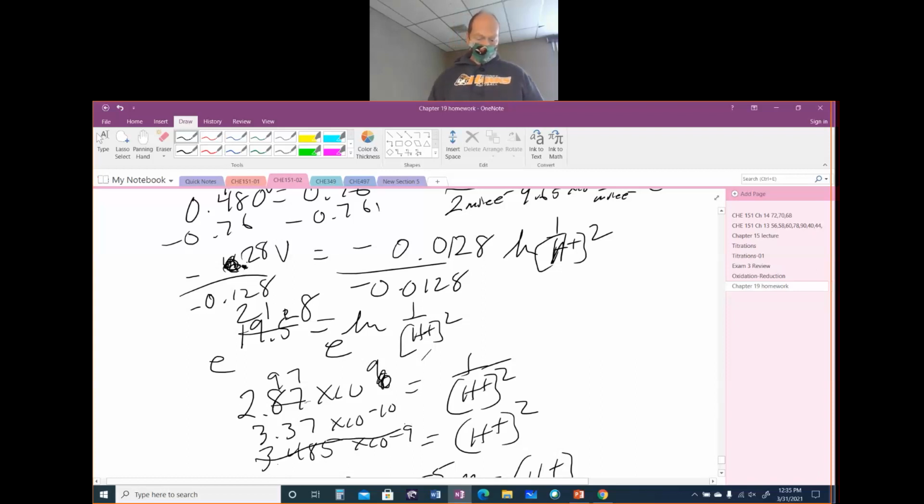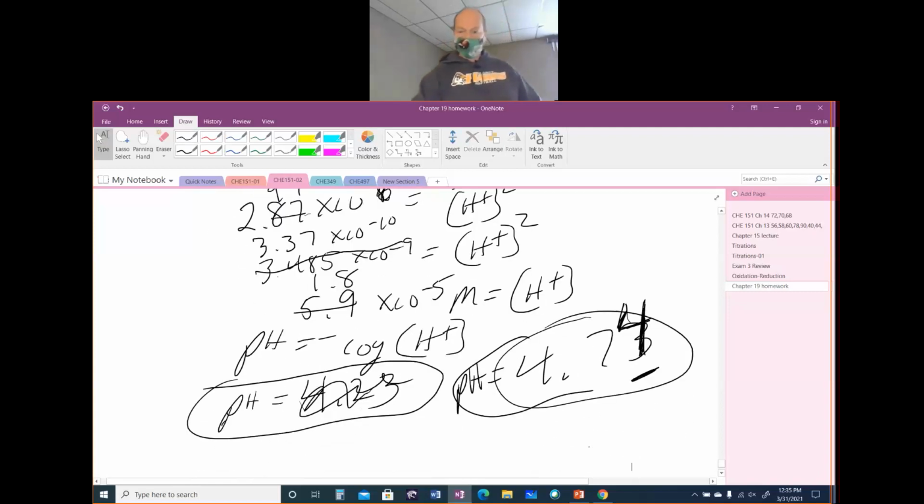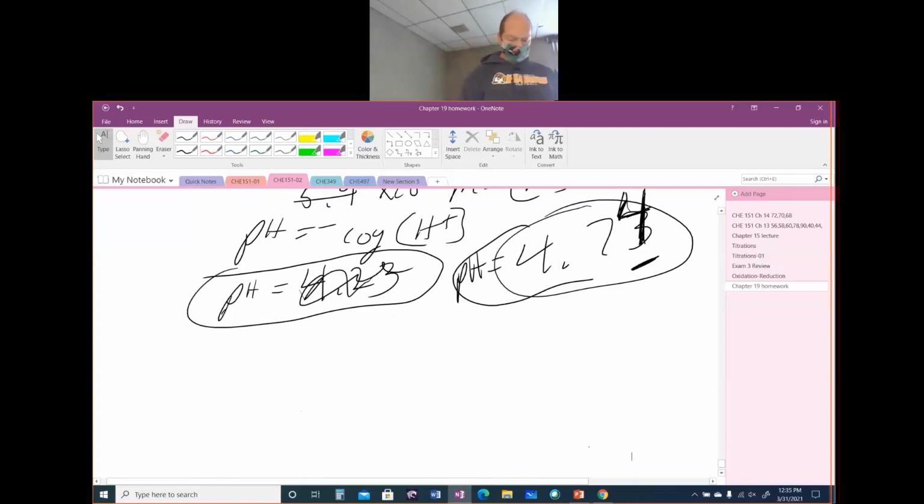All right, then the square root of that. And you get a 1.8 times 10 to the minus 5. And then the negative log of that. And you get your 4.74. Right. Keep all of your sig figs, it would be a 4.74 as your pH. Not sure what number I pushed wrong, but anyway, that is the answer to that one.